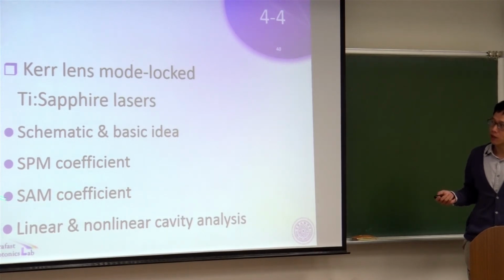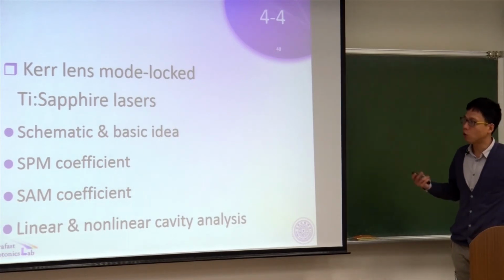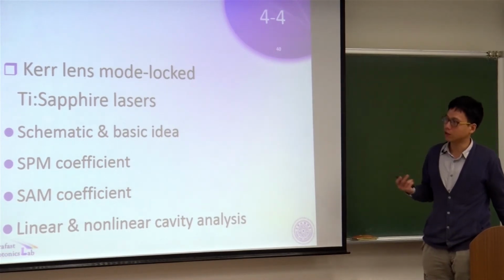You need the two coefficients. In our modeling, they are just two numbers. You don't know how to get these two numbers in real laser systems. And here, I will show you how to do that.